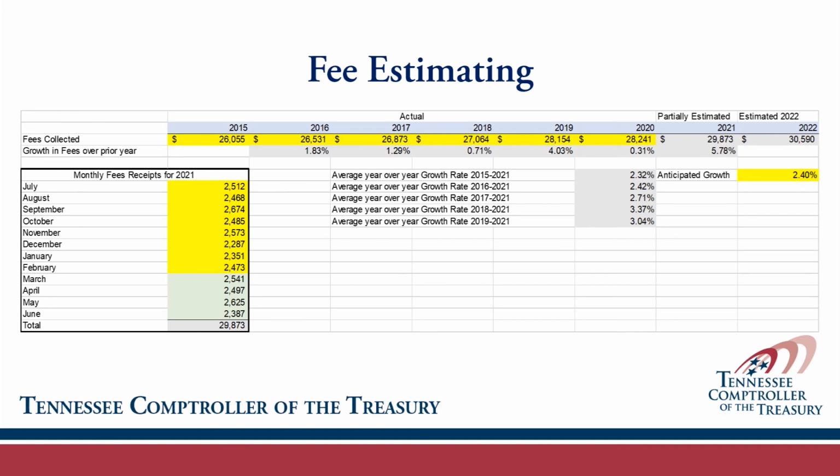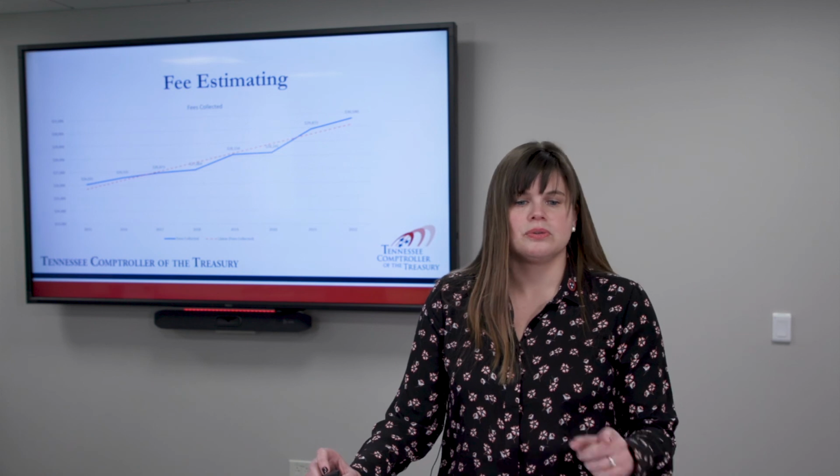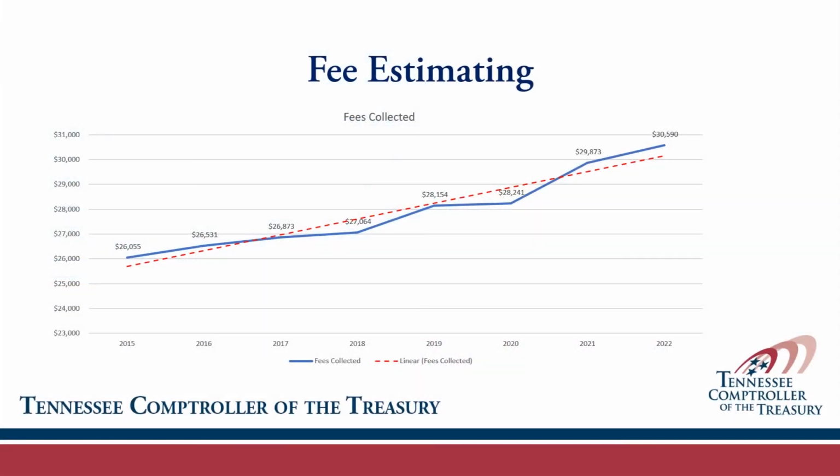And then after you've done that, the tool will automatically calculate your 2022 estimated fee amount. And again, like the sales tax tool, it's going to auto-create a chart underneath so you can check your work. Again, the blue line is your actual fees collected, and the red is a linear prediction of growth in your jurisdiction.